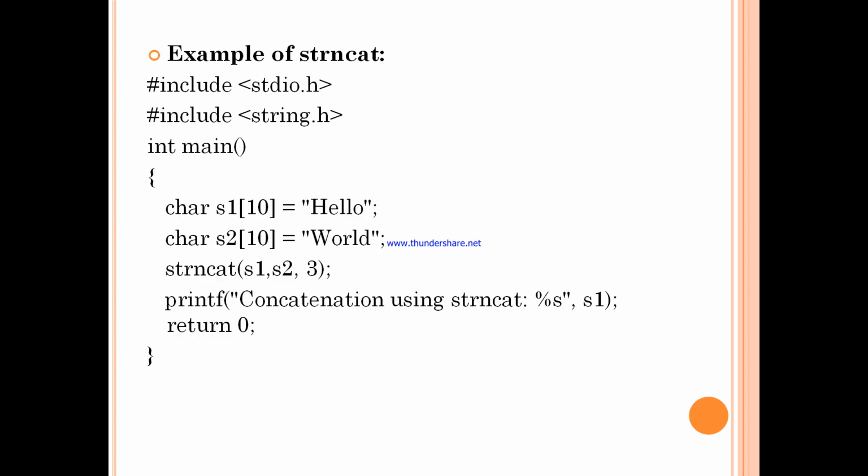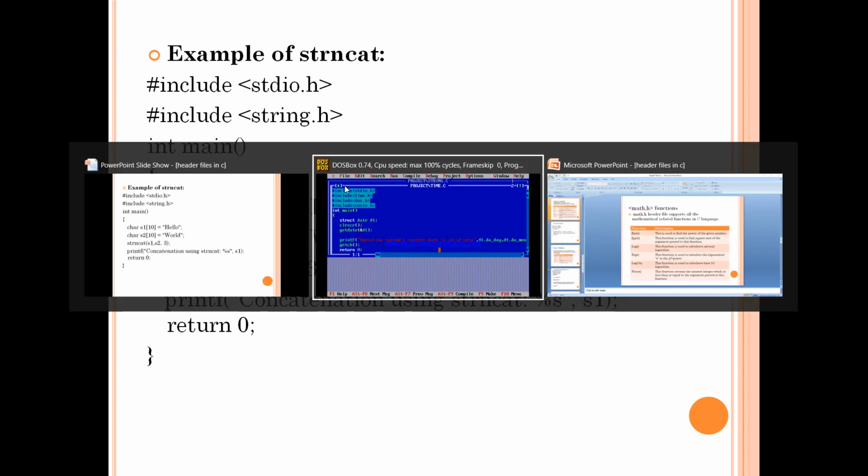Here is a sample program with string.h, where the strncat function is used, which is truncating the two strings, hello and world. In string 1, it is appending the first three characters of the second string, that are WOR. We are going to check this program in our console.